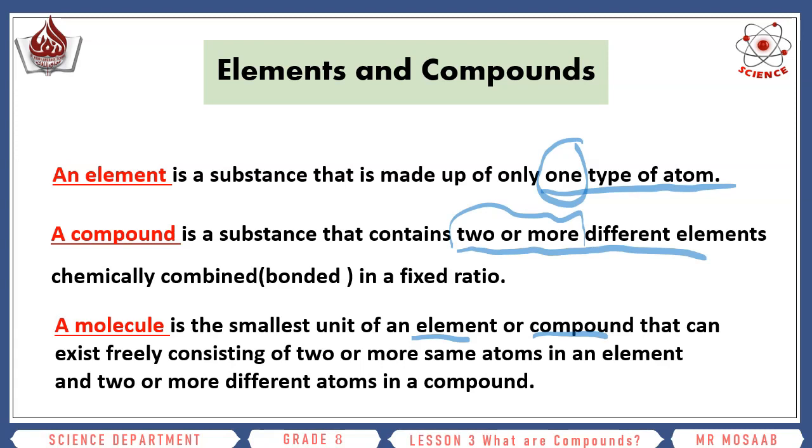If they are the same atoms, it will be a molecule of an element. If the two or more atoms are different elements, it will be a compound. So a molecule is the smallest unit of an element or a compound.